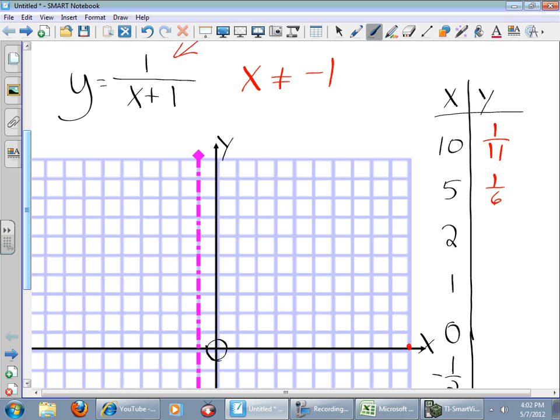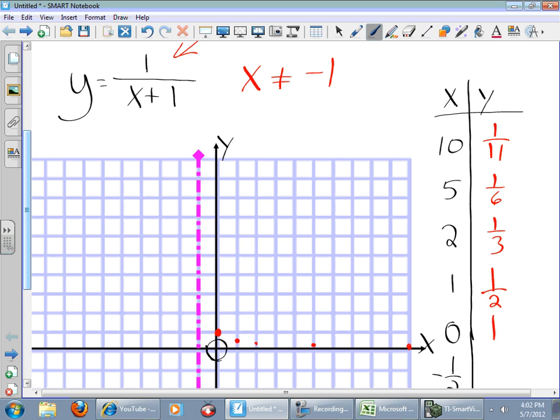So 1, 2, 3, 4, 5, 6. And 1/6 is right about there maybe. And I put 2 in, I'm going to get 1/3. And so at 2, I'm going to be 1/3 of the way up. And then at 1, I'm going to get 1/2. Okay. And then at 0, I'm going to get 1.